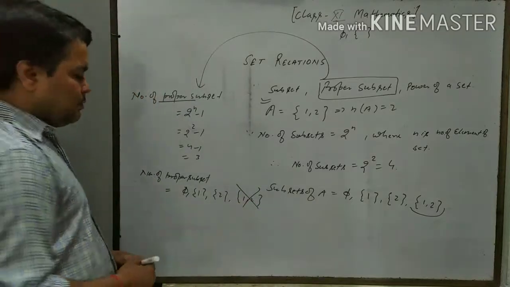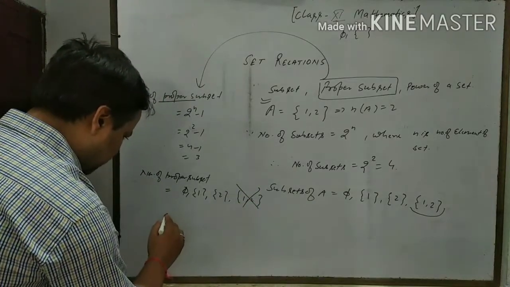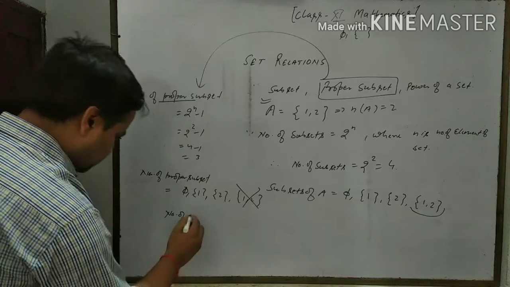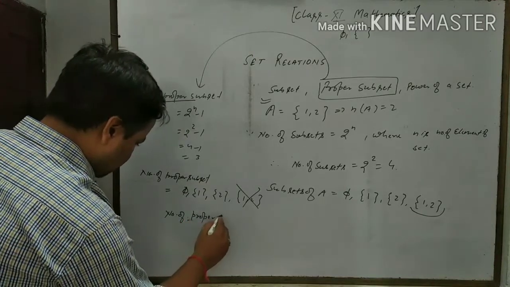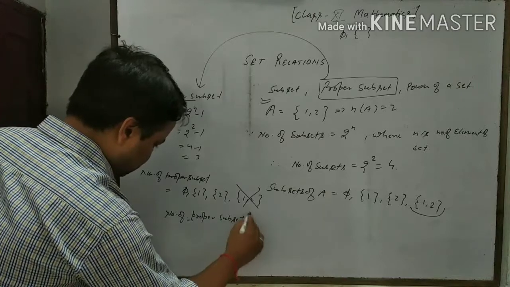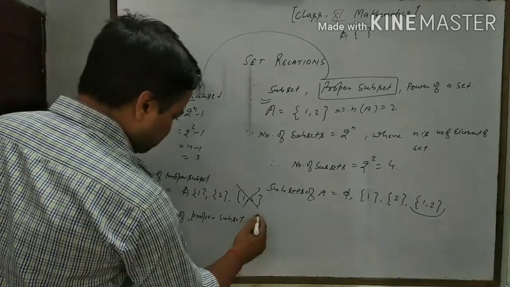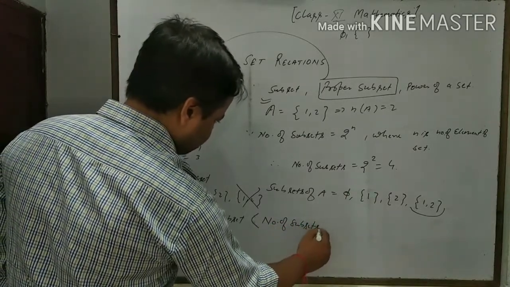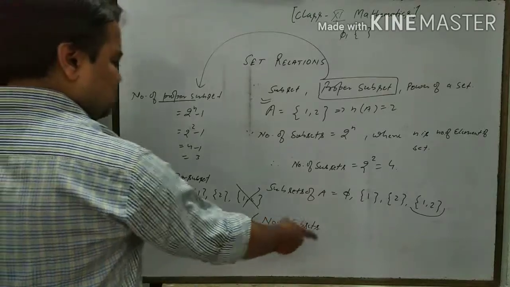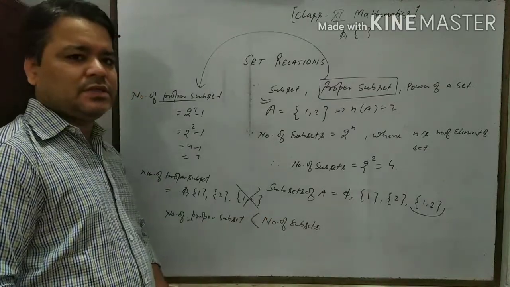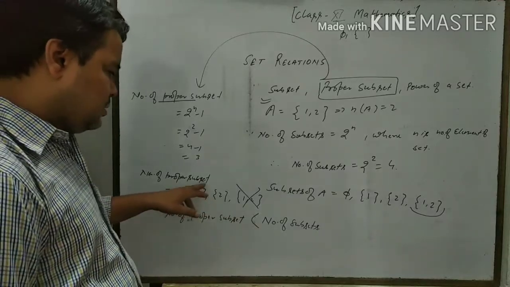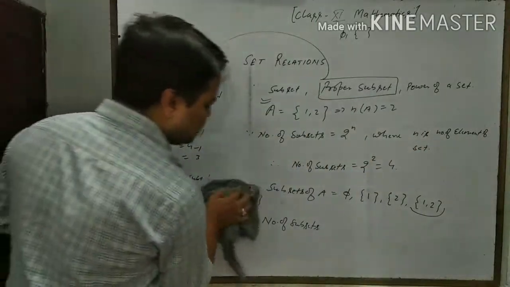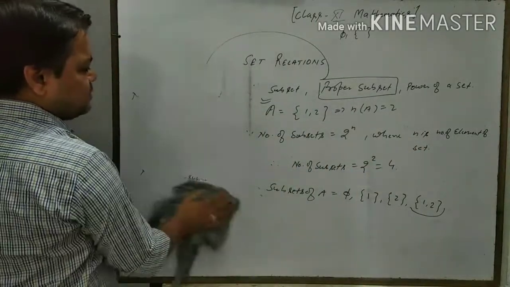That means the cardinal number of proper subsets is always less than the number of subsets. The number of proper subsets will always be less than the number of subsets. So this is the similarity and difference between the subset and proper subset.